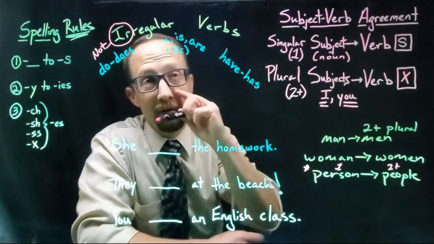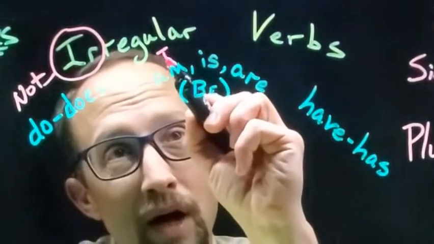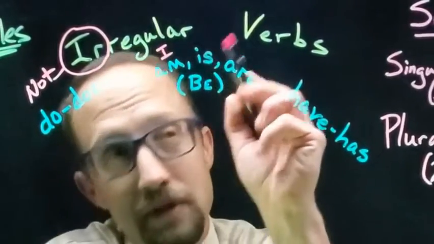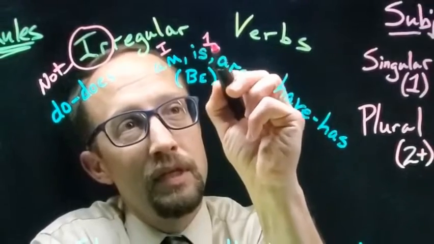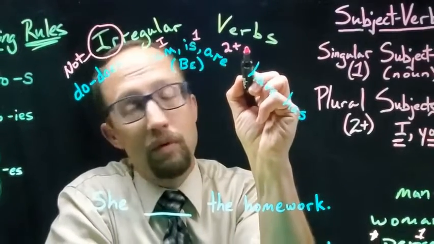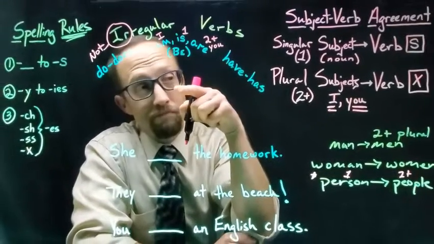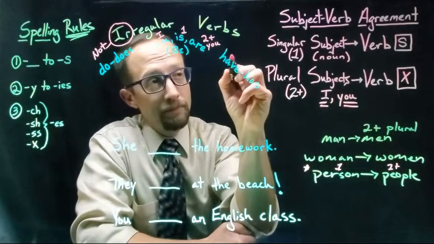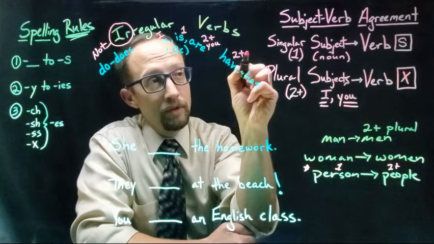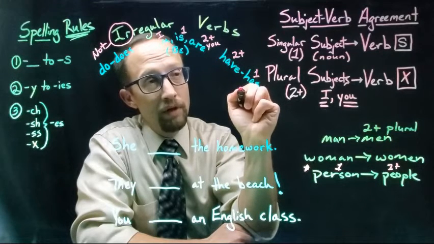They're irregular verbs like be. Am is for I. Is singular. Are is two or more. And also you. Have is two or more. Has is one.